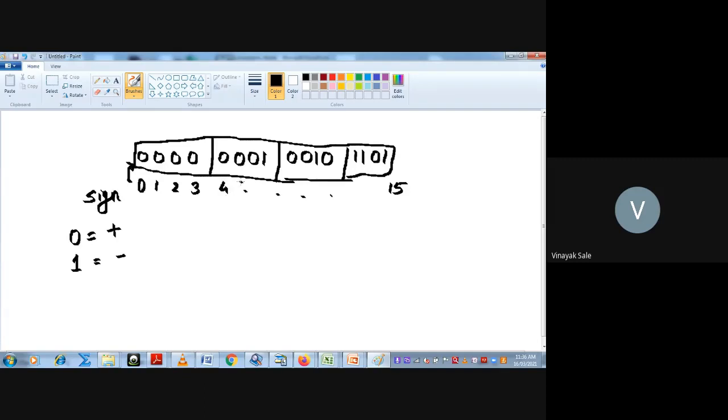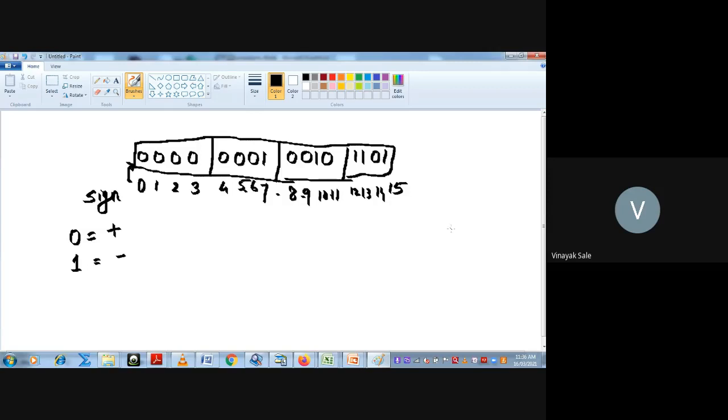Then 4 5 6 7, then 8 9 10 11, then 12 13, 14, and 15. So whenever we convert this data in binary format, and whenever we convert this data in a decimal format, then it should look like this.